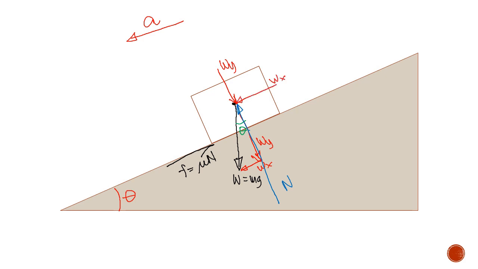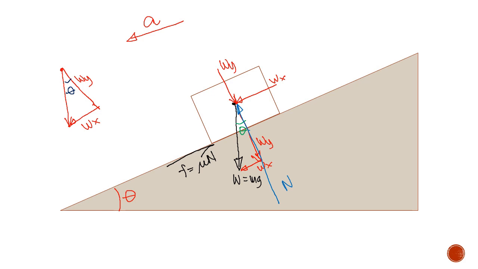If we try to analyze this triangle here, we will be having a triangle like this. This is actually our W, and this is our W sub y, and this is our W, and then there is our W sub x. And we are having this one as our theta.